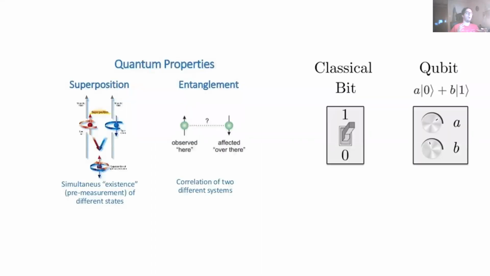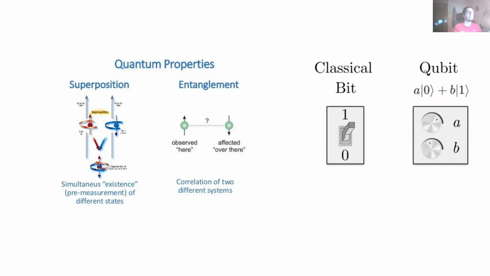Okay, so there's a reason why we call it quantum computation: we are actually getting benefits from the quantum properties of matter, like superposition and entanglement. And just like I said before, a classical bit is a switch and a qubit is tuning of probabilities. When you get the superposition property of a quantum material, it has simultaneous existence of different states before measurement, which means that in each measurement, you can get another result.